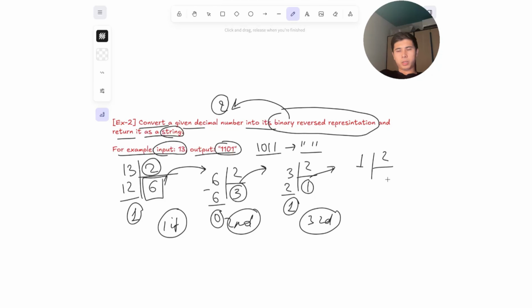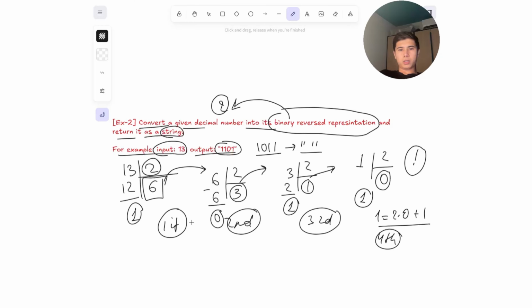And 1 divided by 2, we cannot give any numerical part for the quotient, and our remainder becomes 1. Why? Because 1 equals 2 multiplied by 0 plus 1. This is the fourth iteration. At the fourth iteration we solve it and stop the process.